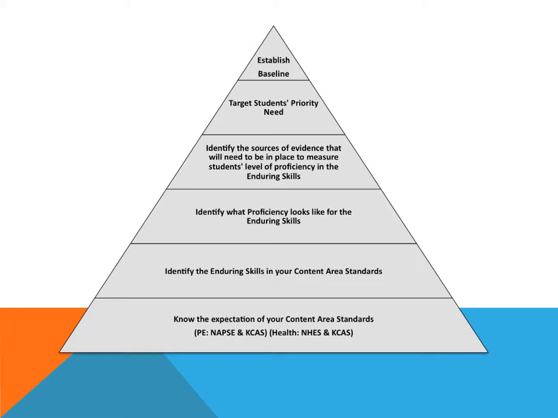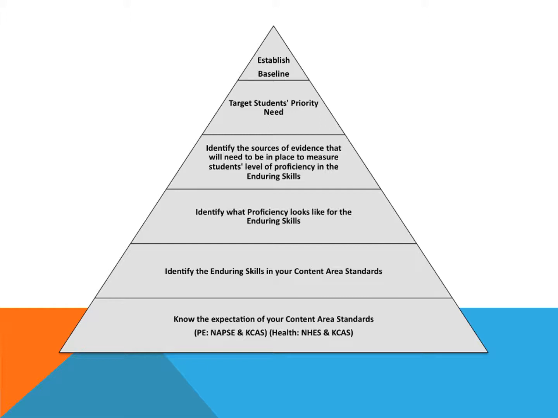Your process of student growth goal writing begins at the base of this triangle. You will start with your content area standards, both national and KCAS. You will identify the enduring skills in your content area or use KDE's initial list that we just previewed.